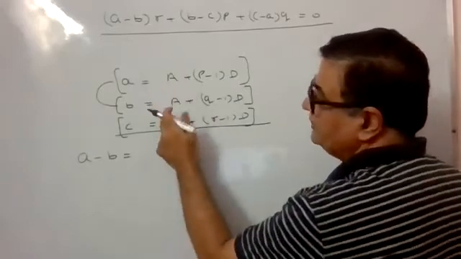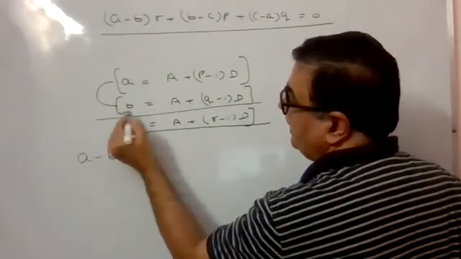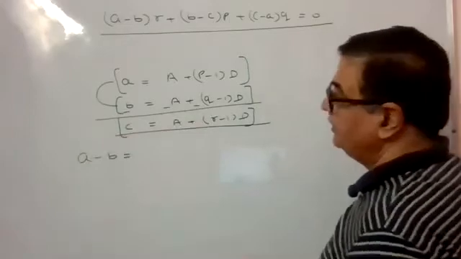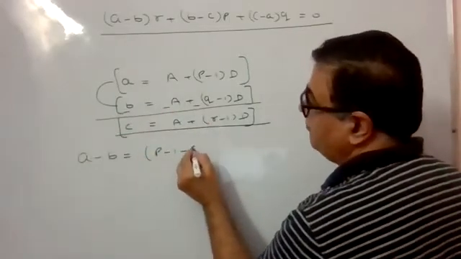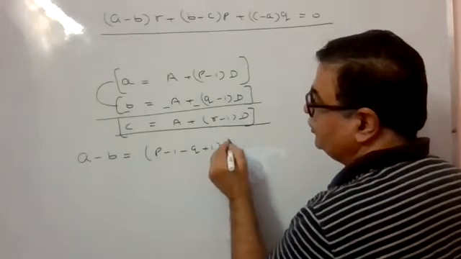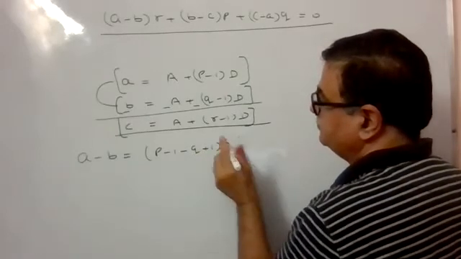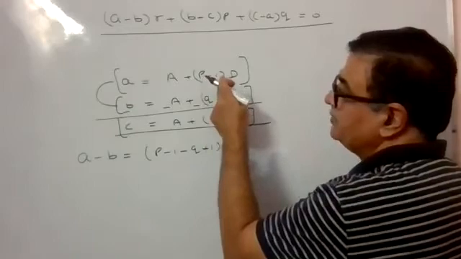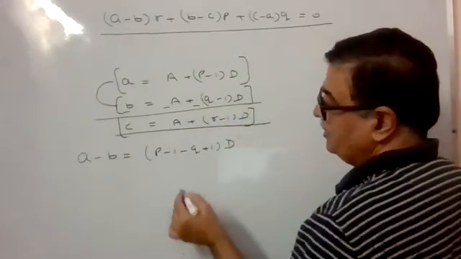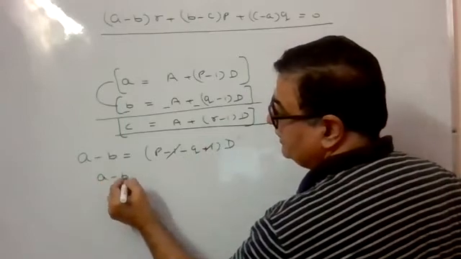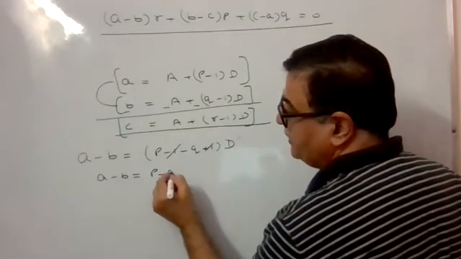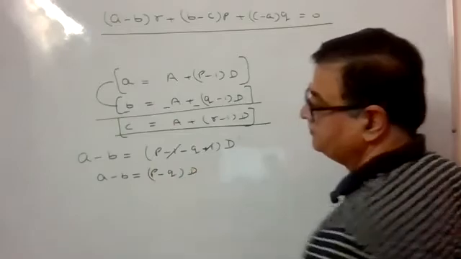So these two get cancelled out. Minus of minus, so this will cancel and what remains here is (p minus 1 minus q plus 1) into d. So 1 and 1 also cancel out. So I got the first result, a minus b is (p minus q) into d.